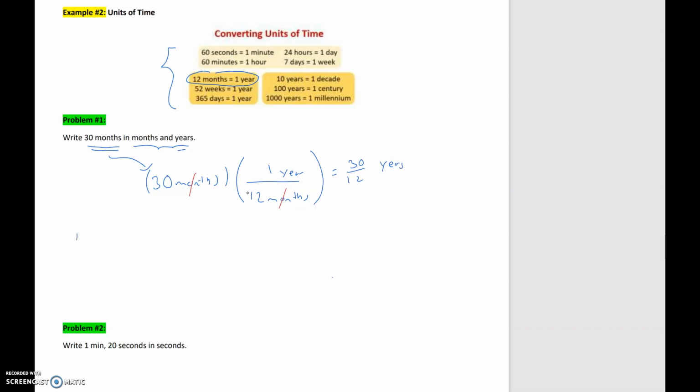Now, if we were to do a long division, we're looking at the values of 2, and that's going to be 24 with a remainder of 6. So in this case, this is going to be 2 years and 6 months. And let me just write it out that 30 months is equivalent to 2 years and 6 months.